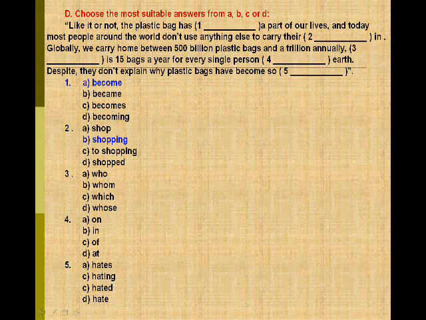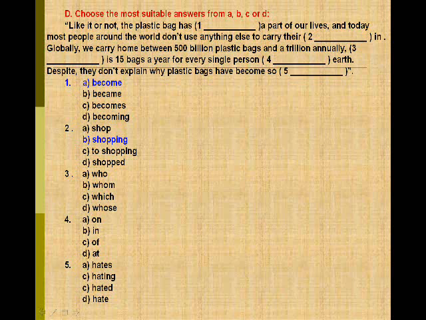In this sentence we have 2 spaces, okay, number 3 and number 4. So let's look for number 3 here, try to choose the correct answer. For 3 we have who, whom, which, whose. So you try again to read the sentence and choose the correct answer.